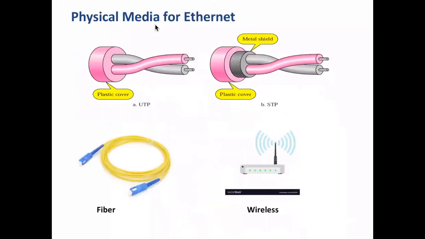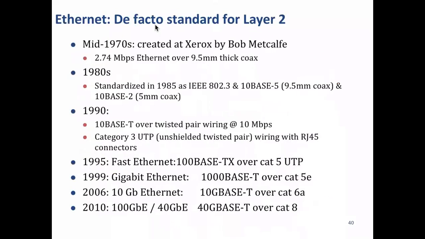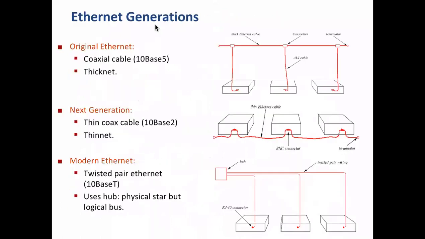Okay. So these are different kinds of mediums. For example, Ethernet can work over unshielded twisted pair, shielded twisted pair, fiber, or wireless. And you can see evolution happened this way. So this was the initial one. I mean, me and Professor Gonzalez in IIT Madras.